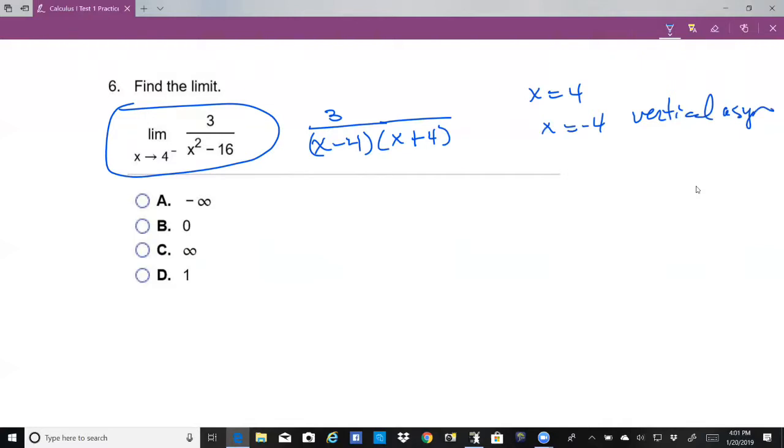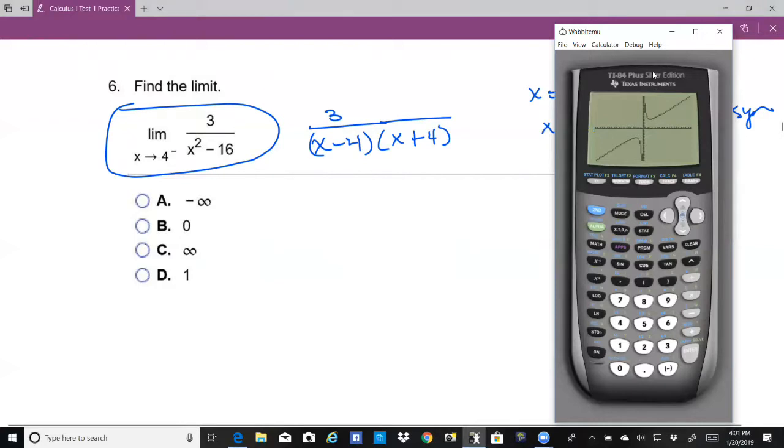And putting this in the calculator, we don't have to put the factors in the calculator. We could just go ahead and put it in just like it's given. 3 divided by parentheses x squared minus 16.